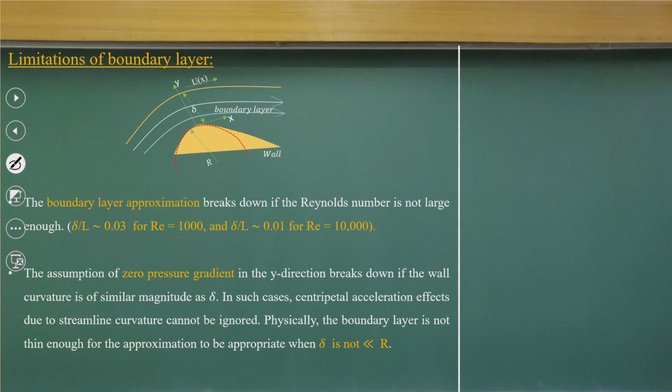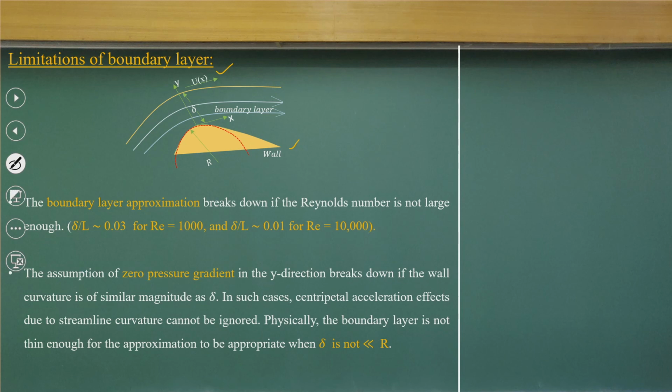But look at what boundary layer problems we are talking about. If you have the wall curvature, that is what you have to look at, along with the thickness and u s, the free stream velocity moving in the x direction. Always look at the dimensions.